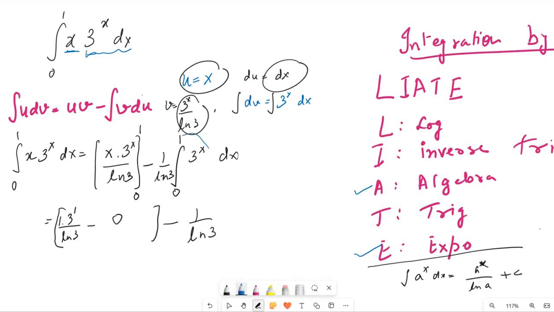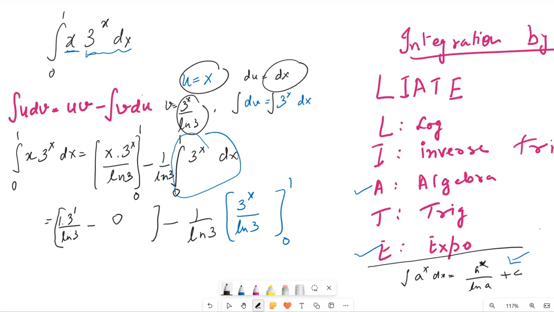The integration of 3^x using the formula would be 3^x by natural log of 3 again. But again, we have the limits. We'll put the limits here. Don't write c here because it's a definite integral. You do not write c when it's a definite integral.